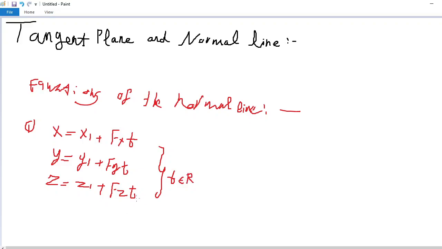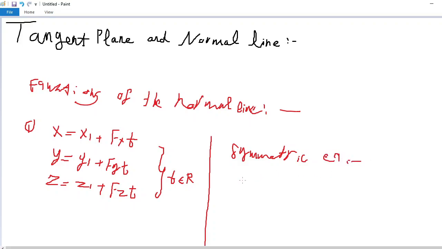This is really important and we always use it to find the normal line, or maybe a question tells you to find the parametric equation. So you have to be familiar with these. Last thing, we don't use it a lot, but at least try to know it. It's called the symmetric equations.